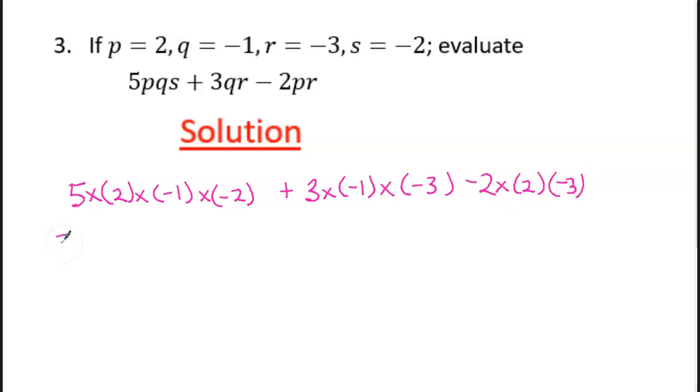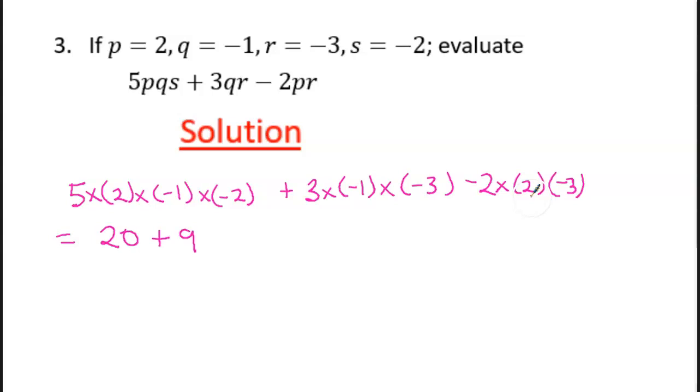Let's simplify it. So 5 times 2 is 10. 10 times minus 1 is minus 10. Minus 10 times minus 2, so we are getting positive 20. And this one, minus 3 times minus 1, giving us positive 3, times 3, so positive 9. Let's come to this side.